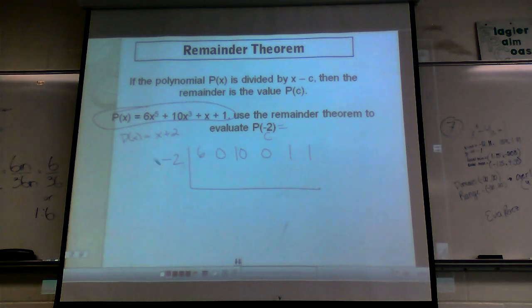So if I go through my synthetic division, this 6 drops down here, correct? Okay, -12, 24, correct? 34 times -2, -68. Oh, God. Negative 68 times 2.